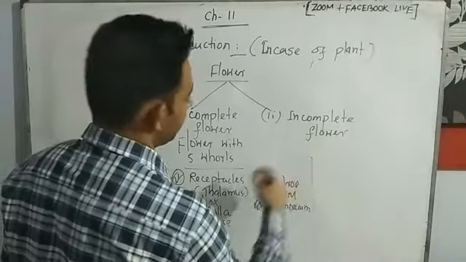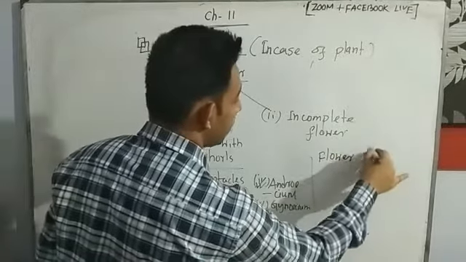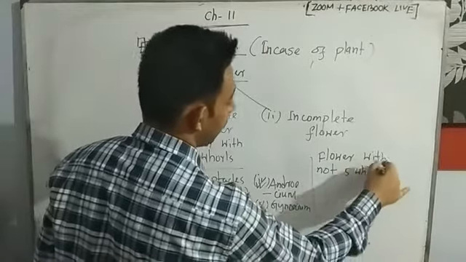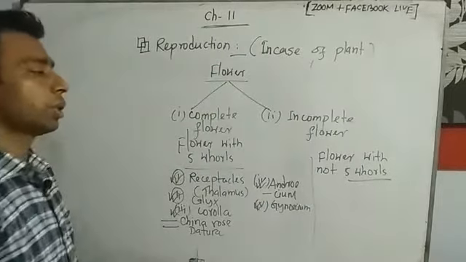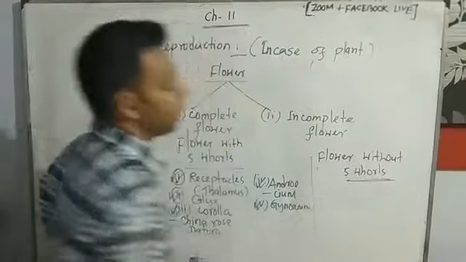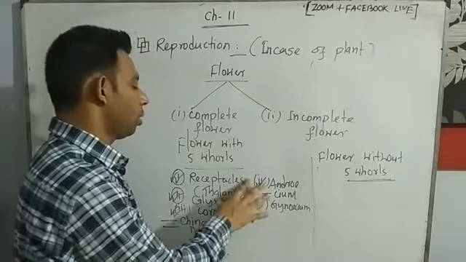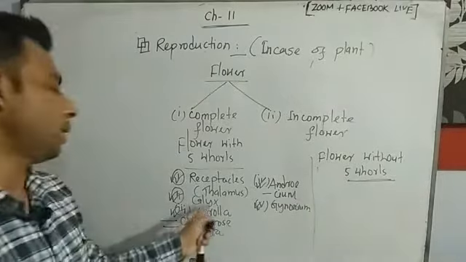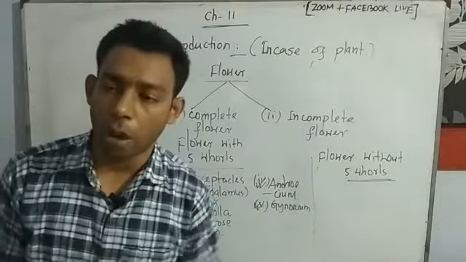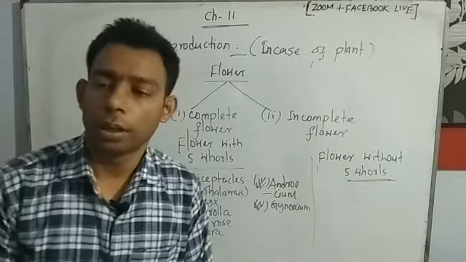Flower with any of the rolls absent, not 5 rolls. If all four are present but no receptacle, or all present but no gynoecium, or no calyx, if any single one of these 5 rolls is absent in a flower, we call this an incomplete flower.